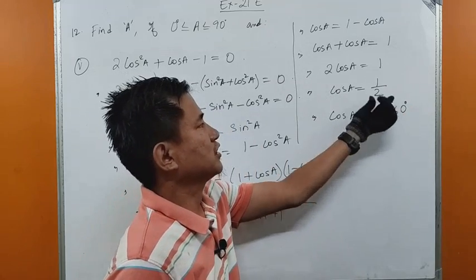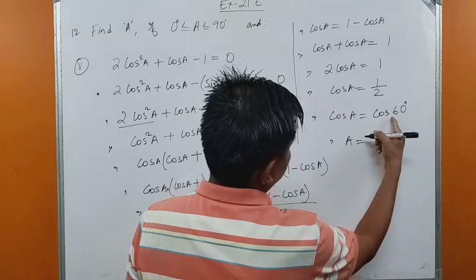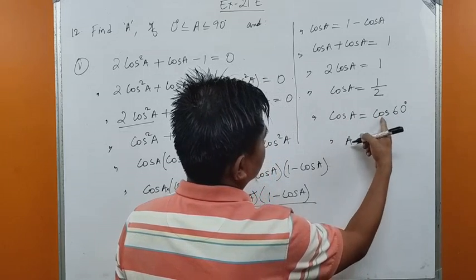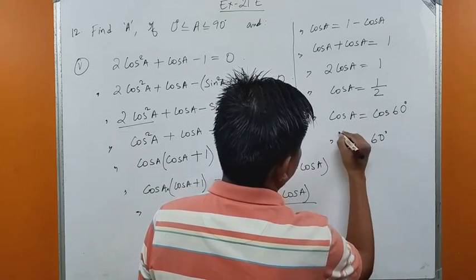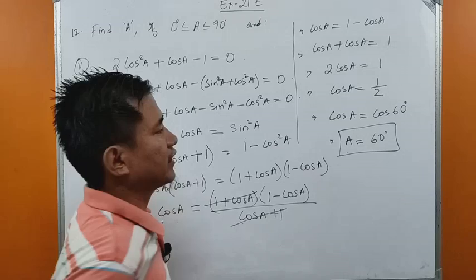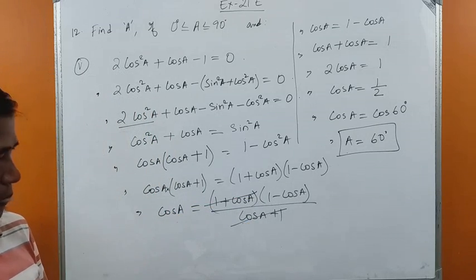The value of cos 60 is 1 upon 2, so we leave cos from both the sides, A equals 60 degree. So we were asked to find the value of angle A, and the value of angle A is 60 degree. Okay, I hope you got this.